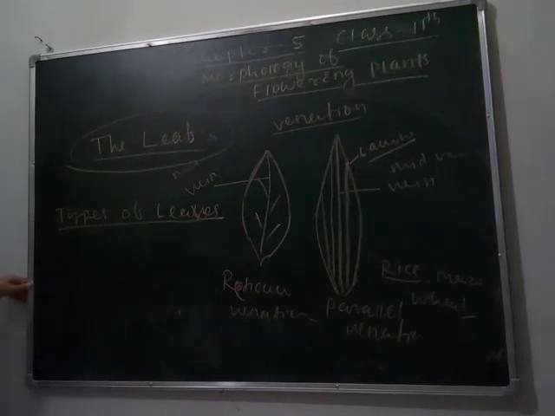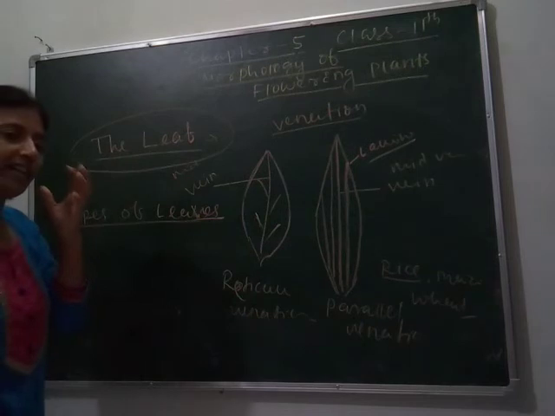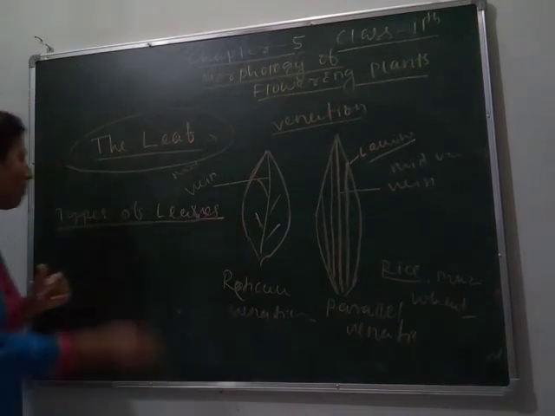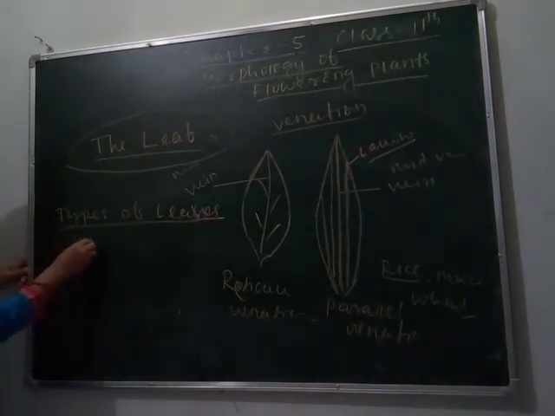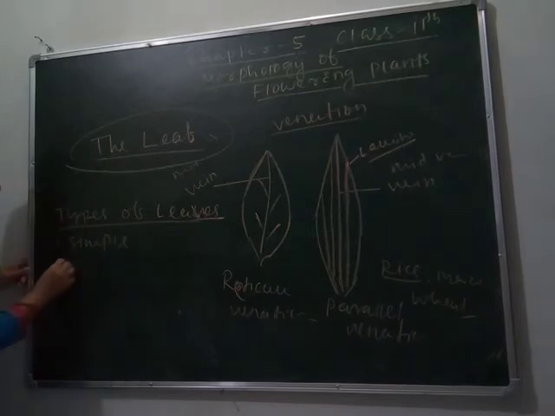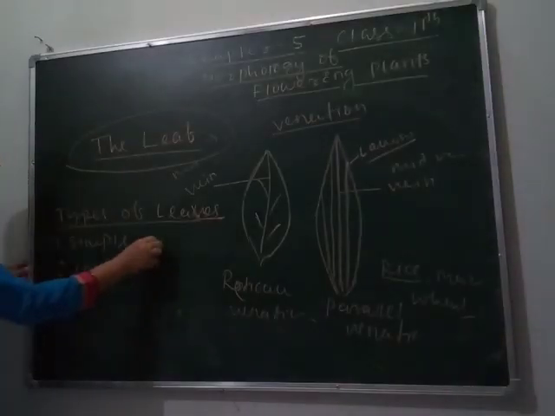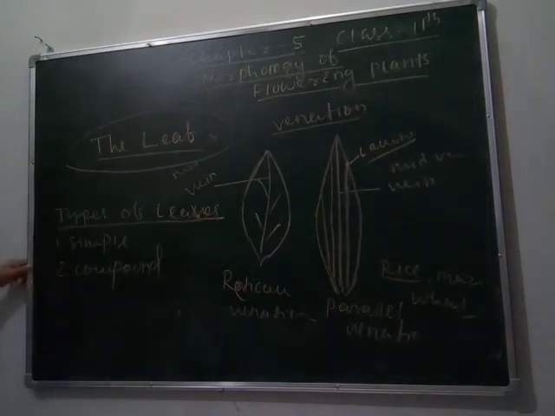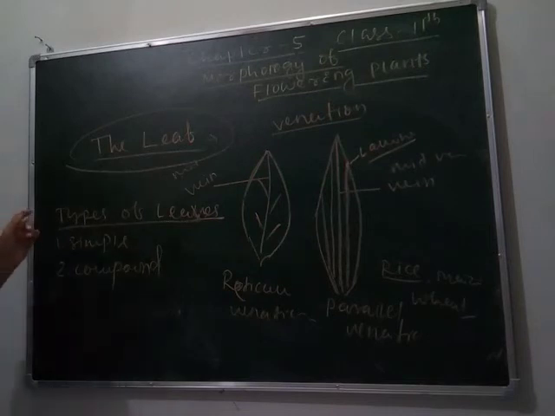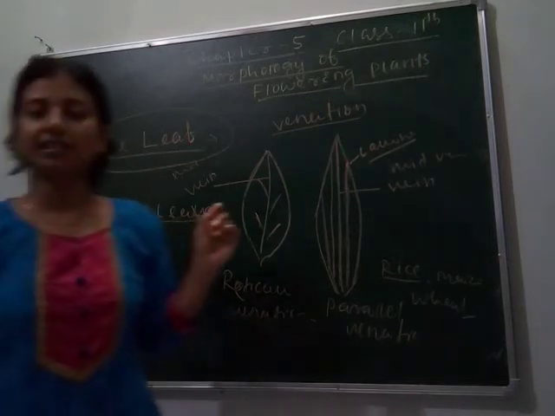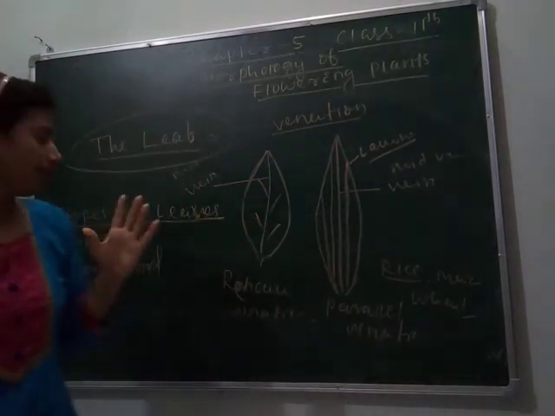Here we know two types of leaves. One is the simple leaf and another is the compound leaf. If you are unable to understand what is simple and what is compound, I am going to make a diagram of it so you can easily understand.